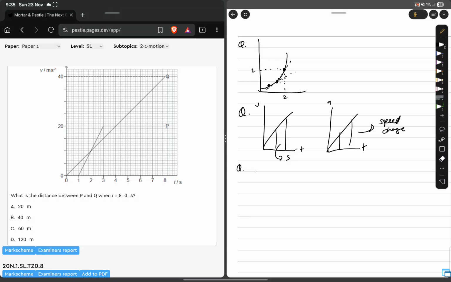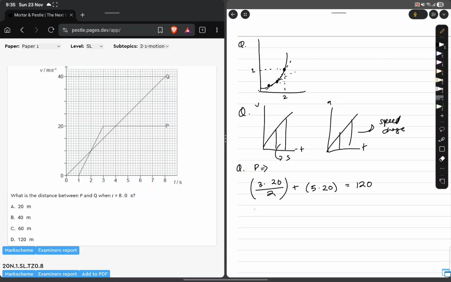For P, it's going to be the triangle and the rectangle. So it's going to be 3 base into height 20 divided by 2, plus 8 minus 3, which is 5, into 20, which will give us 120.